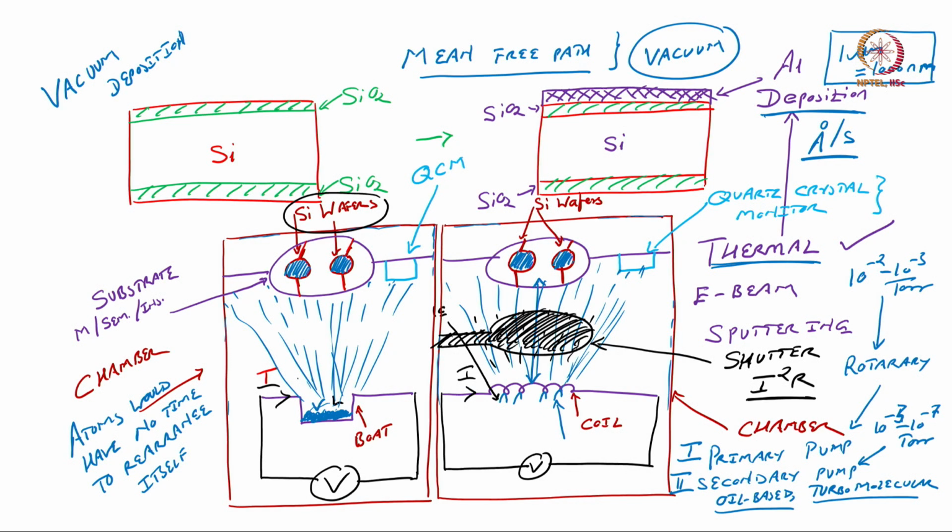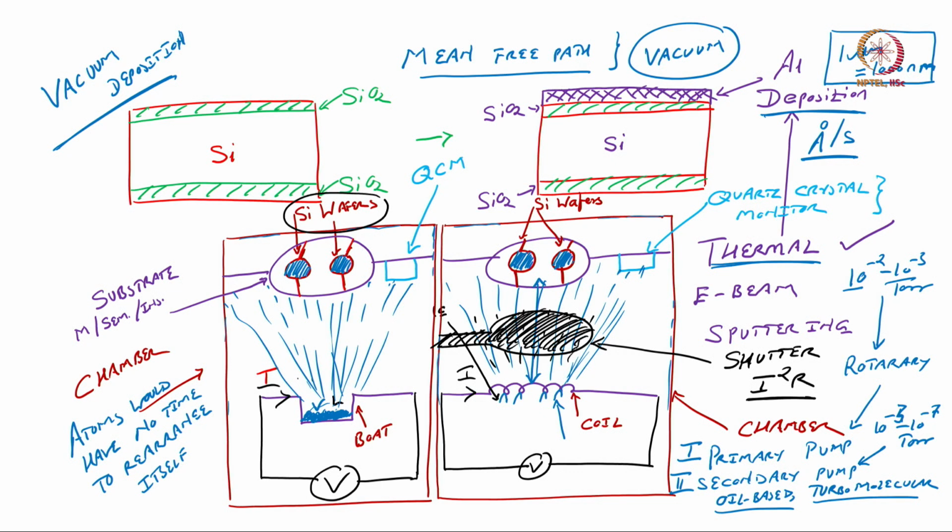All right. Next thing, if I say vacuum, that means there should be some gauge that should help me to know what the vacuum is, that means, is it -2 or -3 or -4 or -5, whatever the torr may be.